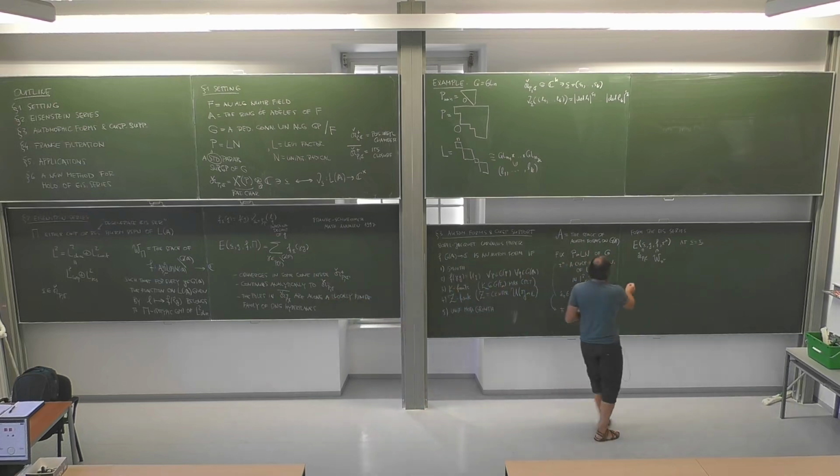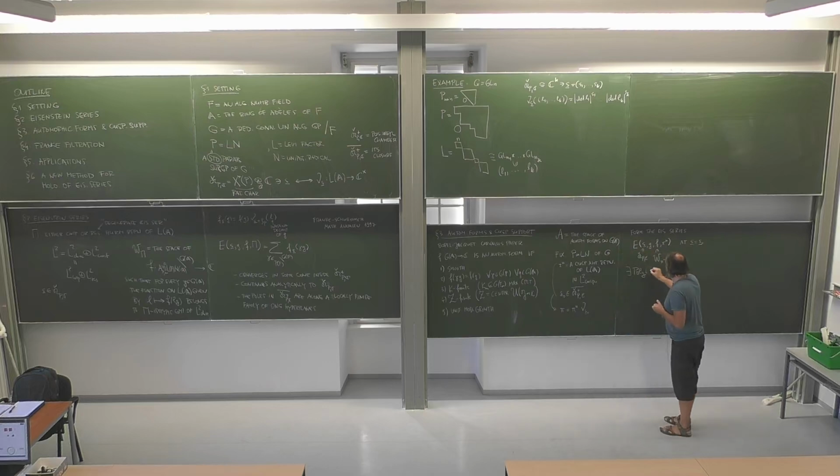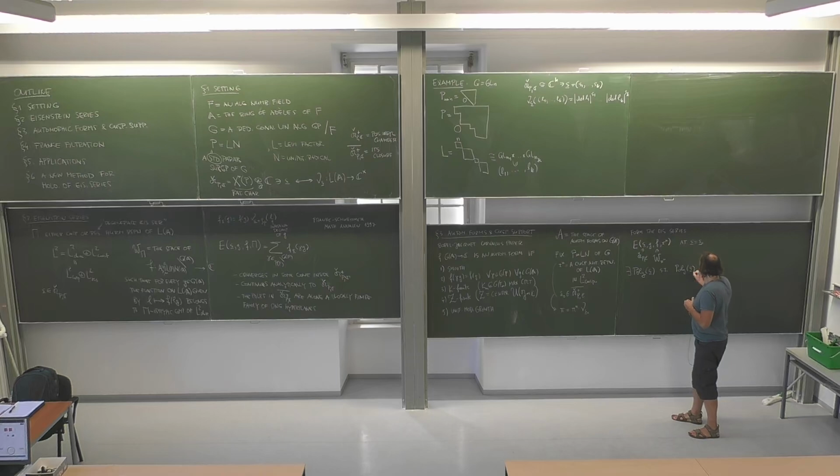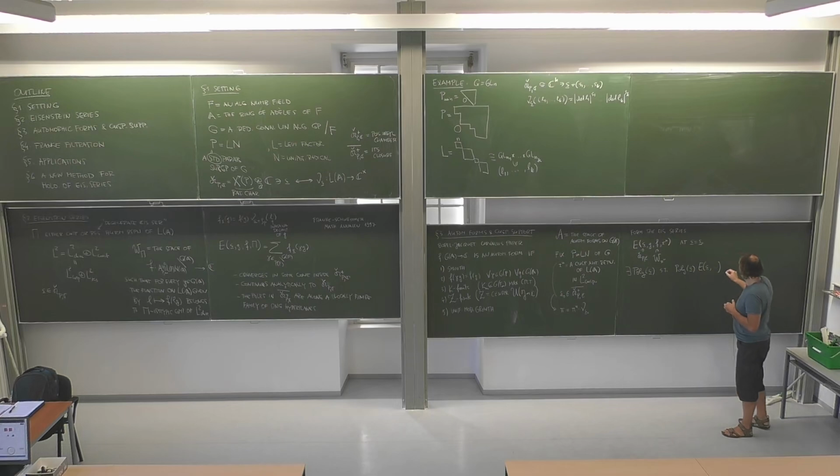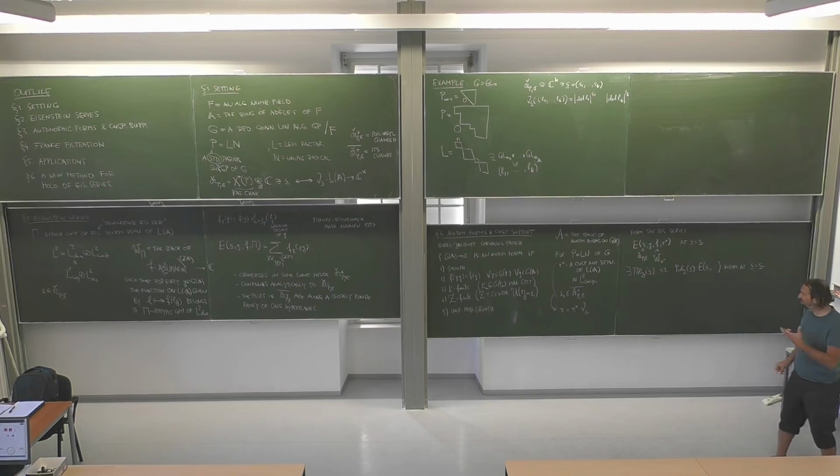This means that there exists some polynomial, call it p(s) in k variables, such that when I multiply this Eisenstein series with this polynomial, it is holomorphic at this point that we are interested in, this s_0.